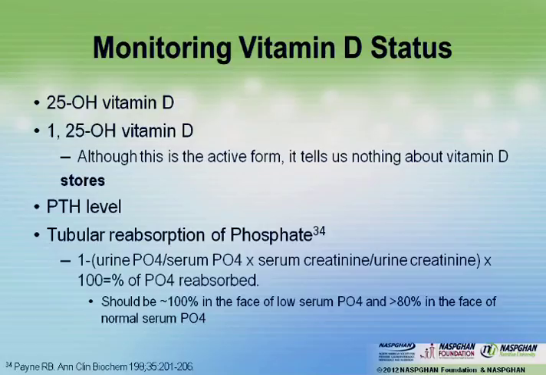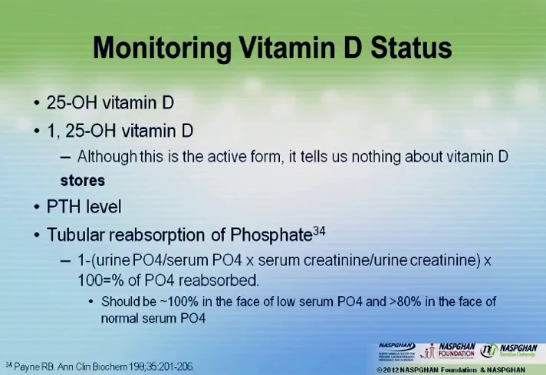If you're waiting for a week to get your PTH level back, and you're not supplementing with very high quantities of phosphate, you can measure tubular reabsorption, because one of the first things to become abnormal when you have a high PTH level is your TRP.